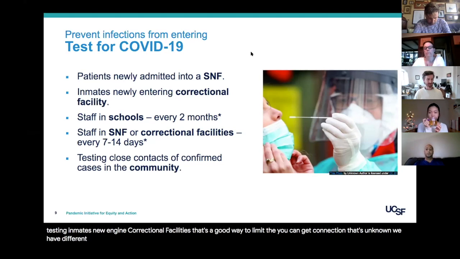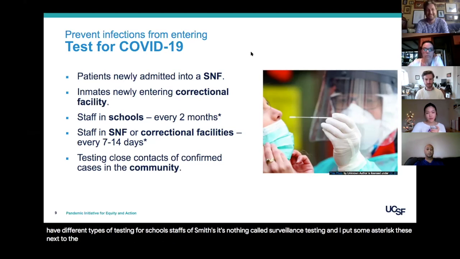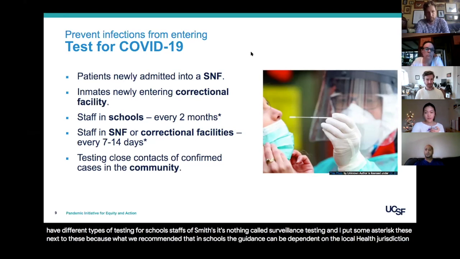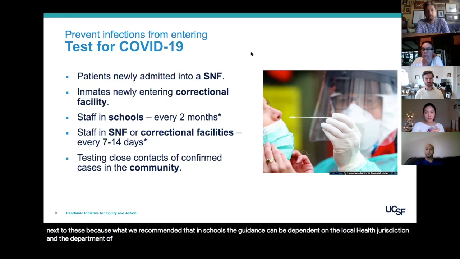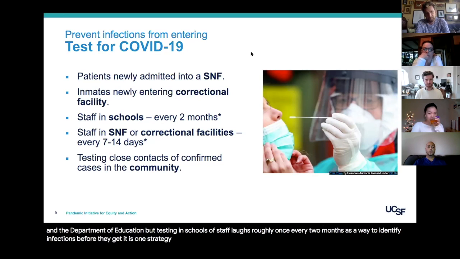We have different types of testing for schools, staff and SNFs. It's something called surveillance testing. And I put some asterisks next to these because the guidance can be dependent on the local health jurisdiction and the Department of Education, but testing staff in schools roughly once every 2 months as a way to identify infections before they get in is one strategy that's being used.